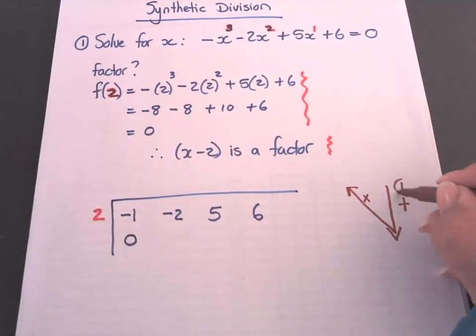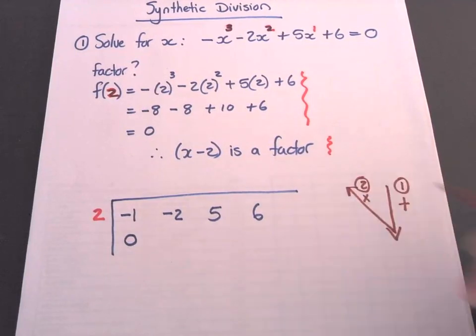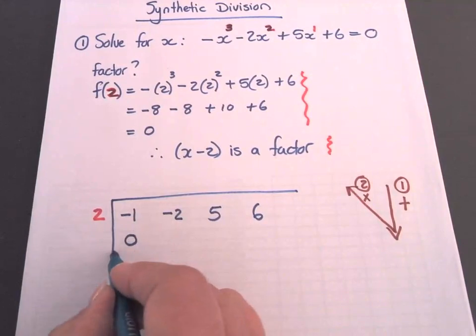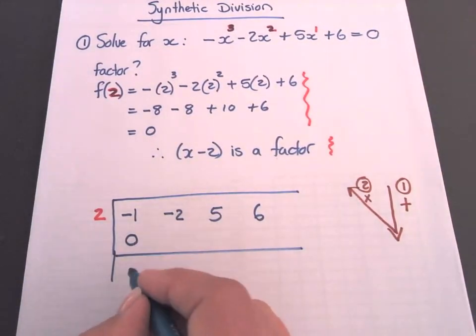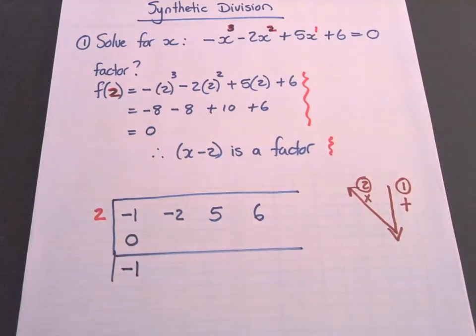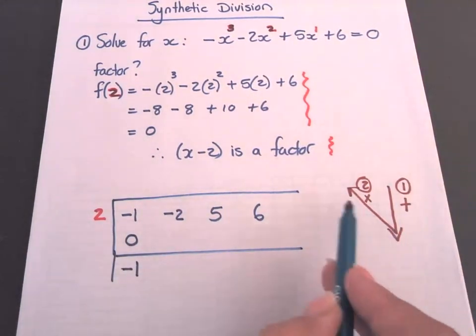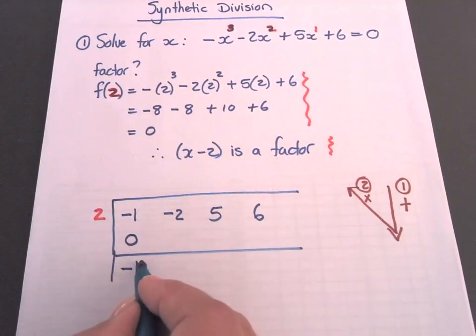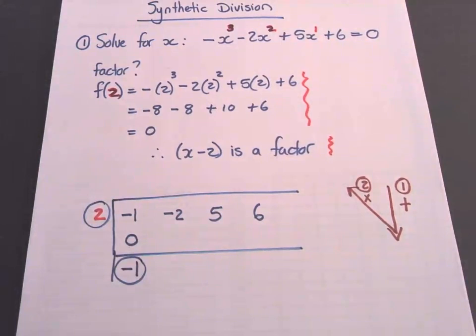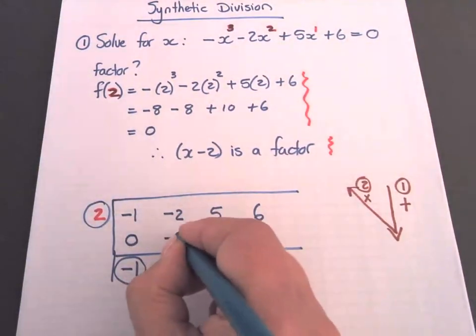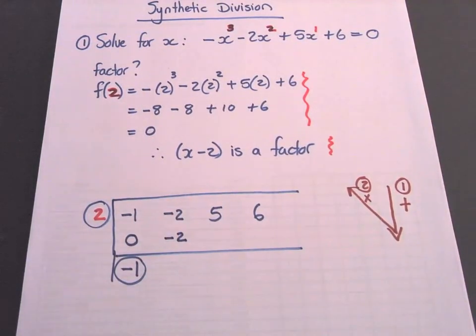So you first add, and then you multiply. What do you add? You add these two. So minus 1 plus 0 is minus 1. I add it. Now I must multiply. What do you multiply? Your answer with the factor. 2 times minus 1 gives you minus 2.